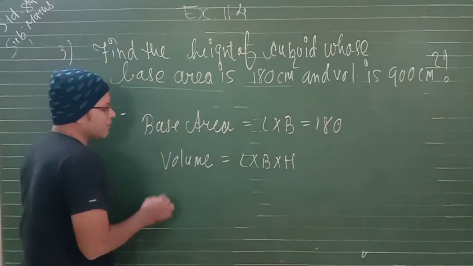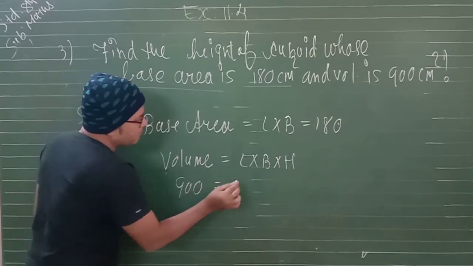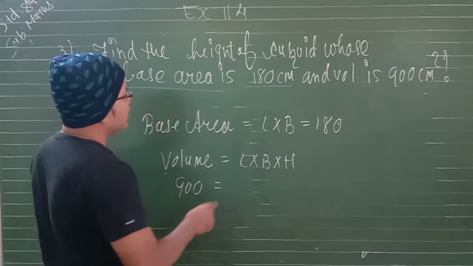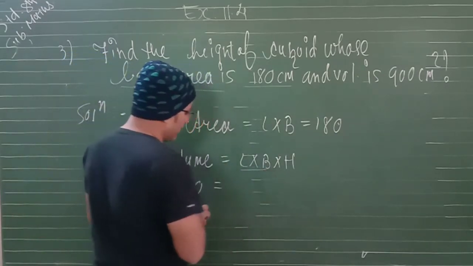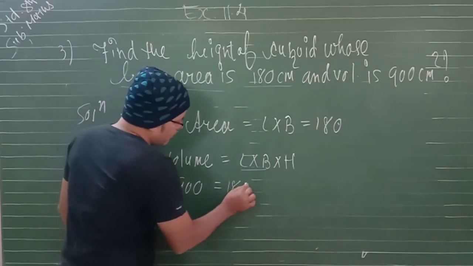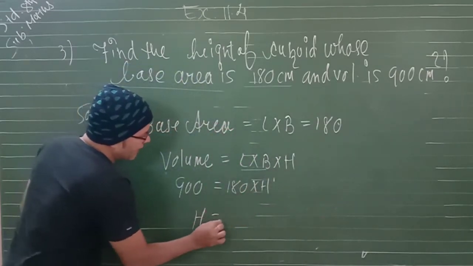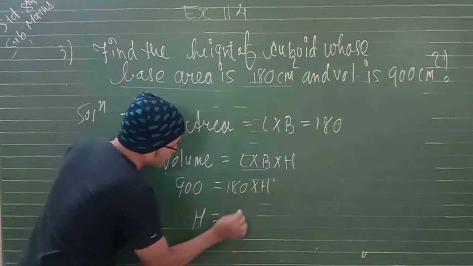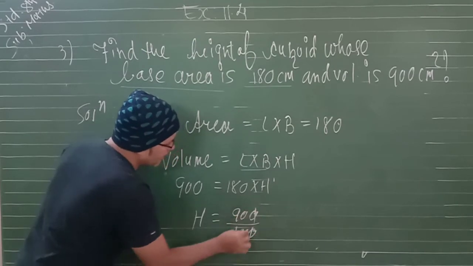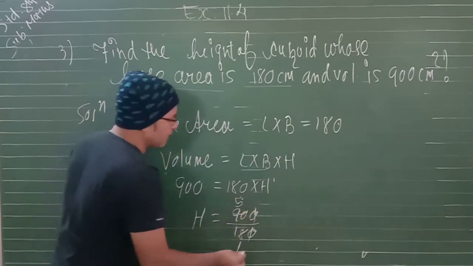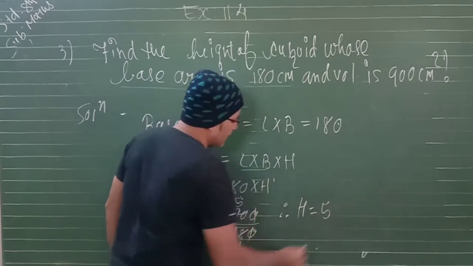Now you have to substitute the value. Your volume is 900 is equal to, now see, L into B, L into B is 180 into H. So H is equal to 900 divided by 180. 18 ones are 18, 5s are 90. Therefore, H is equal to 5.